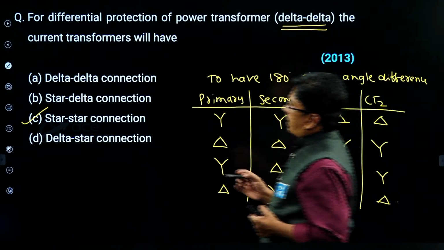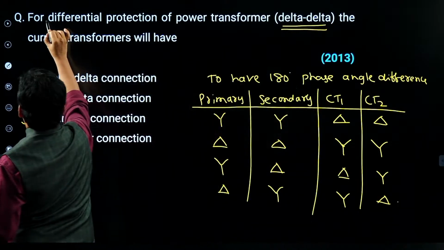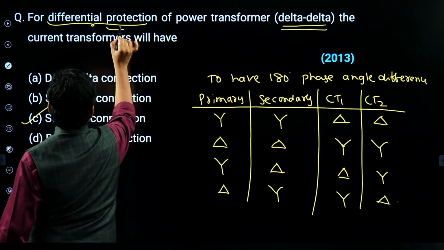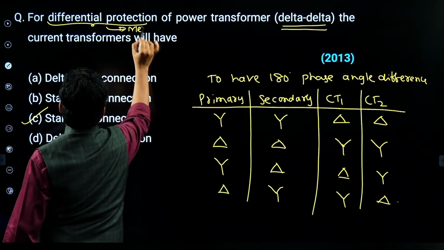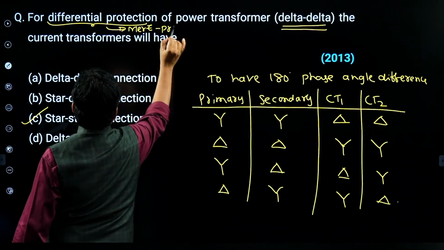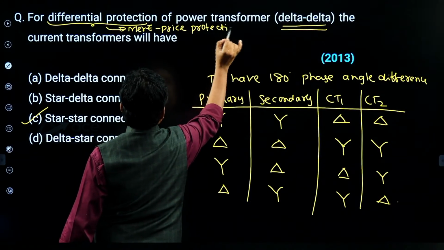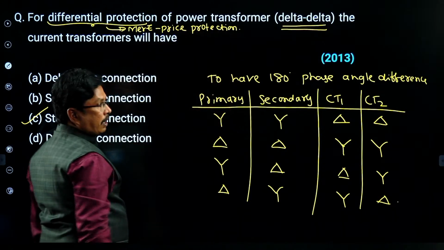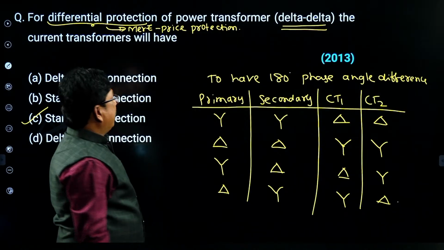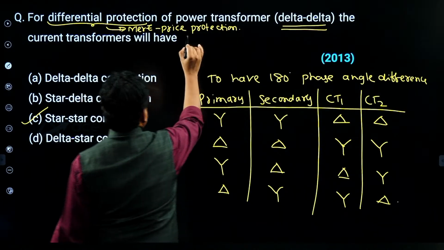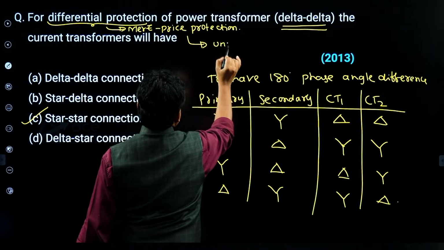So differential protection is also called merz-price protection. That's an extra point you can take. And one more point, it is a unit protective system.